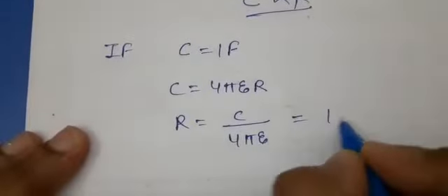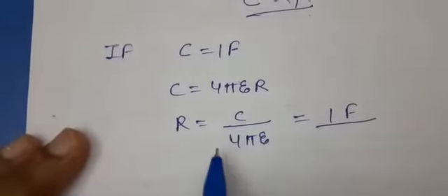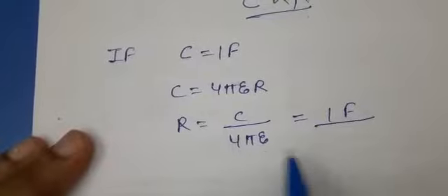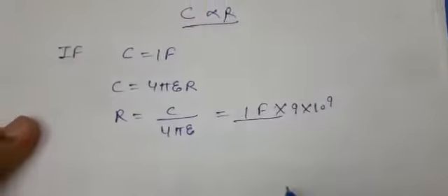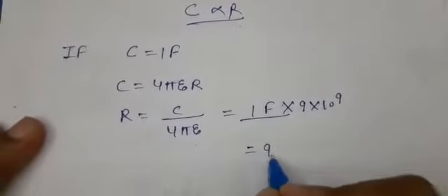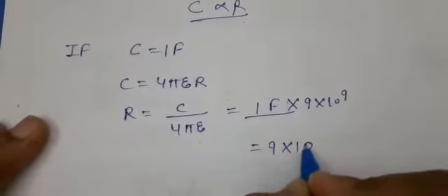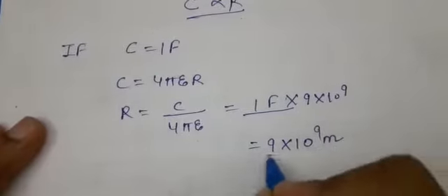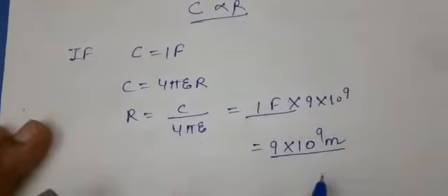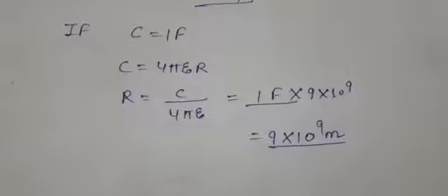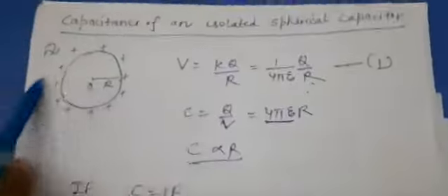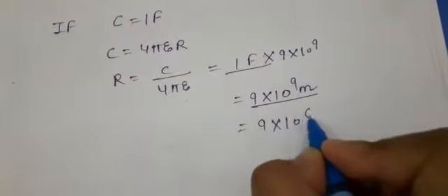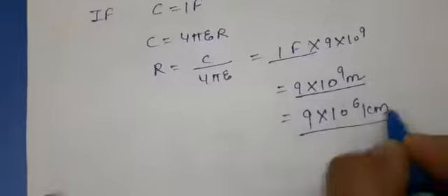As capacitance is 1 farad, and the value of 1 by 4 pi epsilon naught is 9 into 10 raised to the power 9, the radius will come out to be 9 into 10 raised to the power 9 meter. Such a large value. It means to hold a capacity of 1 farad, the radius of this sphere will be such a large, or you can take it as 9 into 10 raised to the power 6 kilometer.